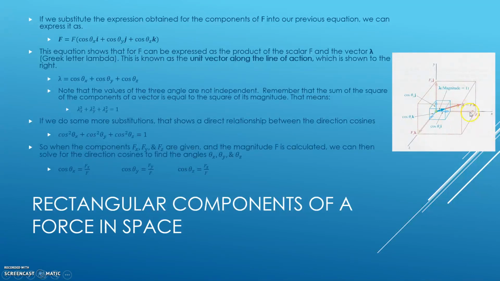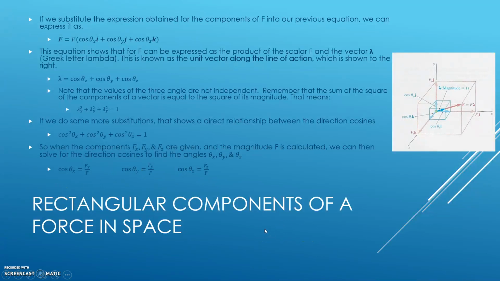If I drew a right triangle between F and the x-axis, I'd have adjacent over hypotenuse, and that's exactly what I would have for each one.